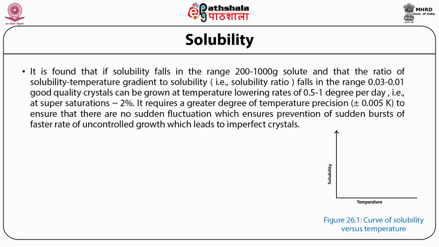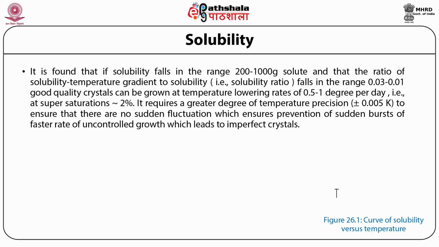It is found that if solubility falls in the range 200 to 1000 gram solute, and the ratio of solubility temperature gradient to solubility, that is the solubility ratio, falls in the range 0.03 to 0.01, good quality crystals can be grown at temperature lowering rates of 0.5-1 degree per day, that is at supersaturations of the order of 2%.